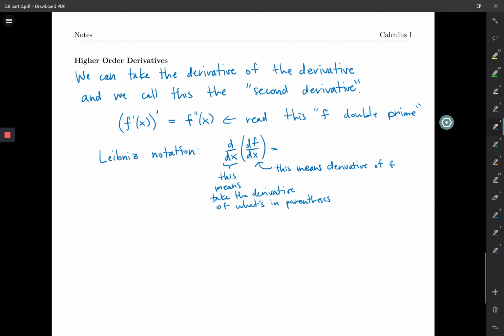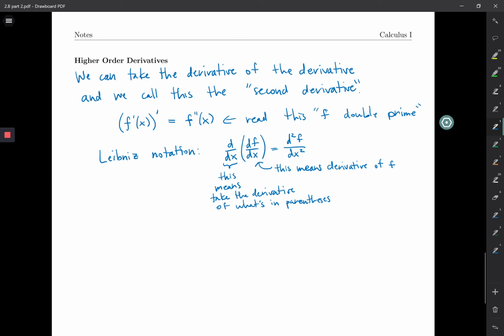Okay, and so to simplify this notation, it will look like d squared f over dx squared, like that. How you can remember this is that if you were to imagine multiplying them together like fractions, what you would get is a dx and a dx, so focusing on the denominator, we get 2 dx's, so we rewrite that as dx squared.